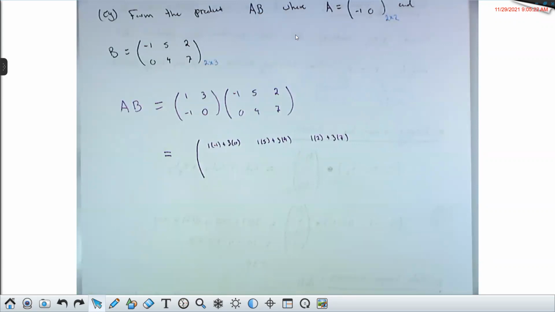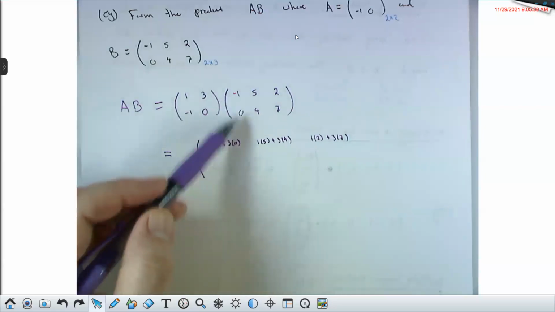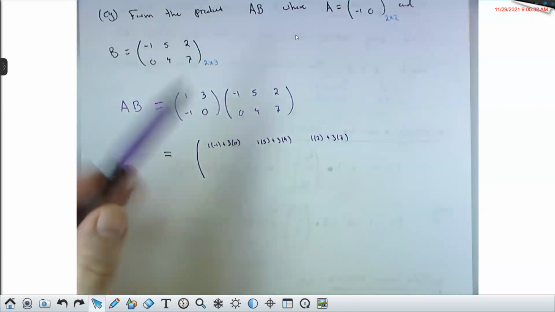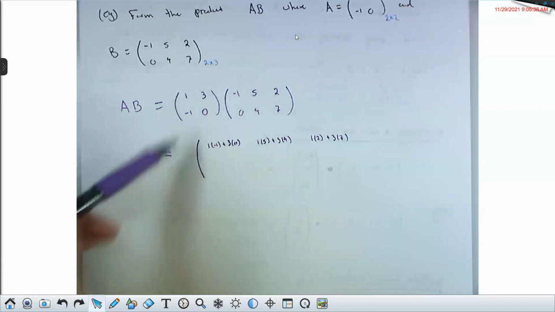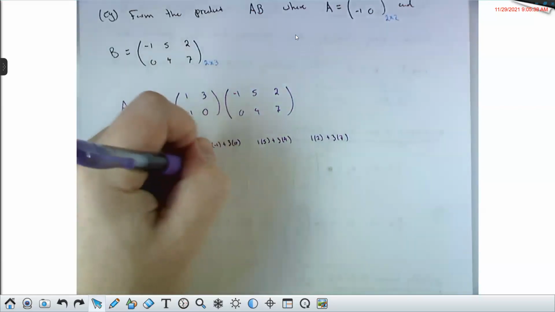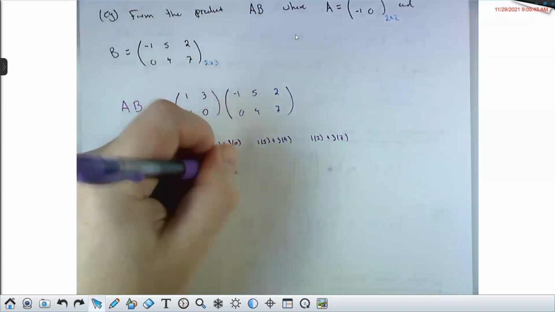Like we said, this is going to be a 2 by 3. To get my second row, I take the second row of A and the columns of B. So the 2, 1 position here is going to be the second row of A times the first column of B. That's -1 times -1 plus 0 times 0.